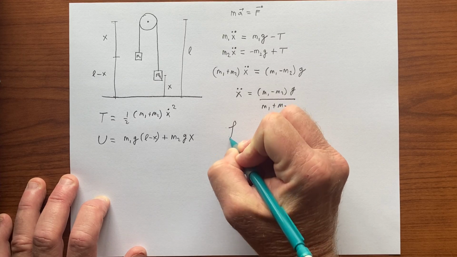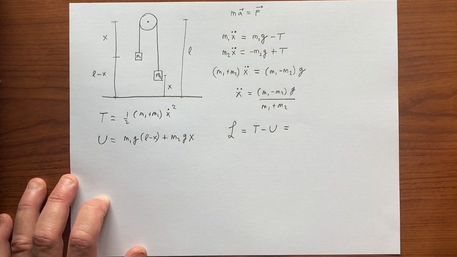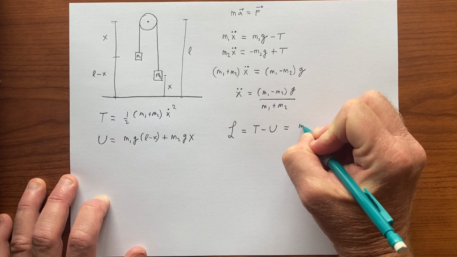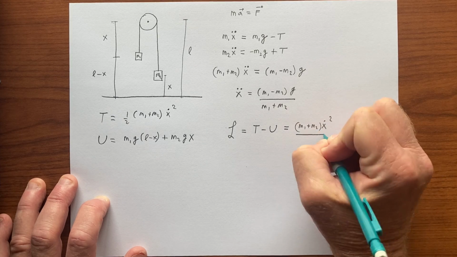So now we can build the Lagrangian, right, which is T minus U, and that gives us (m1 plus m2) x dot squared over 2.